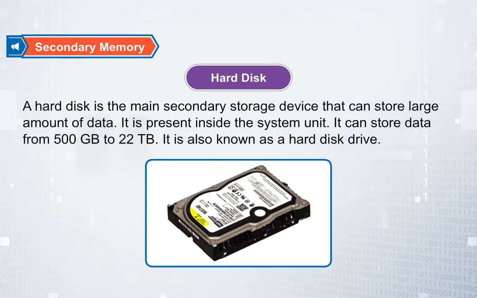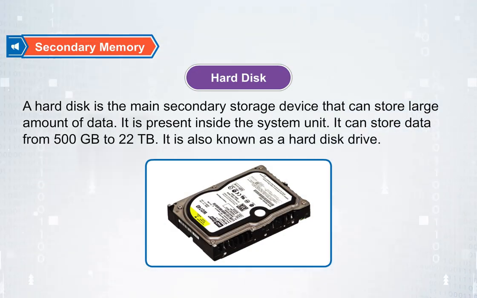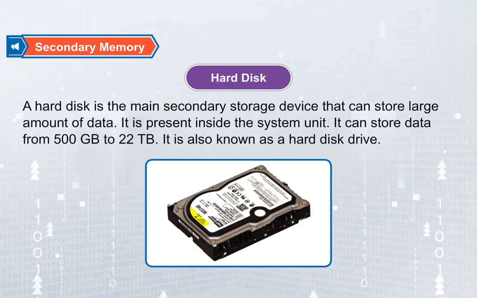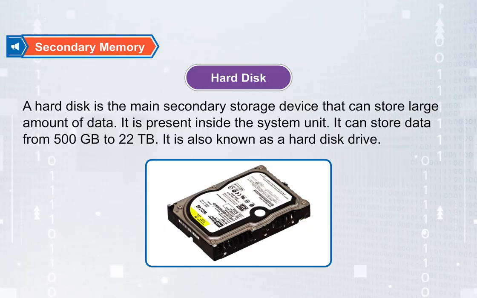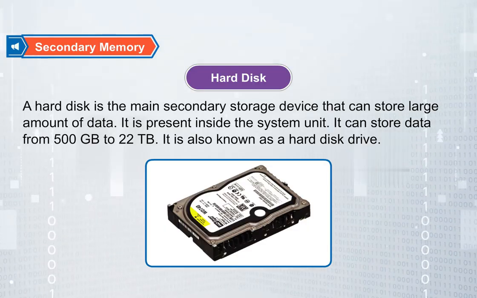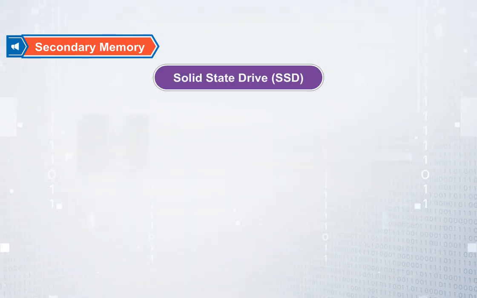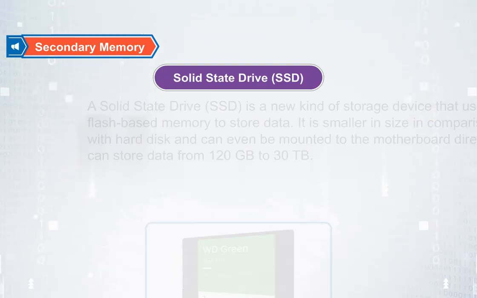Hard disk. A hard disk is the main secondary storage device that can store large amount of data. It is present inside the system unit. It can store data from 500 GB to 22 TB. It is also known as a hard disk drive. Solid state drive, SSD.